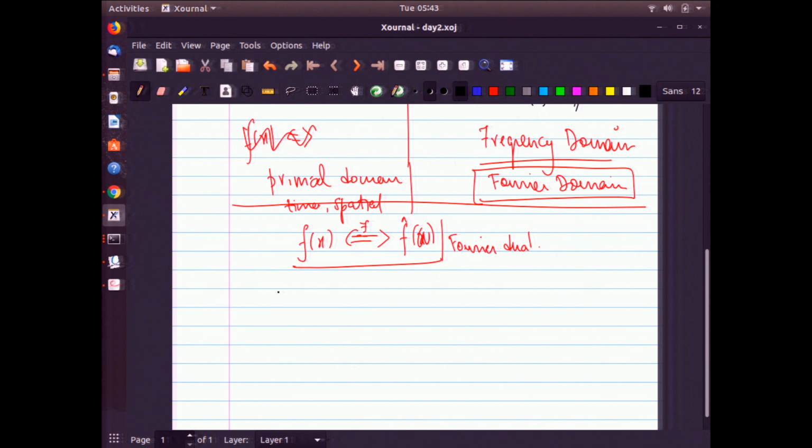So basically, the definition is just this, right? So f hat of omega, there's the definition.